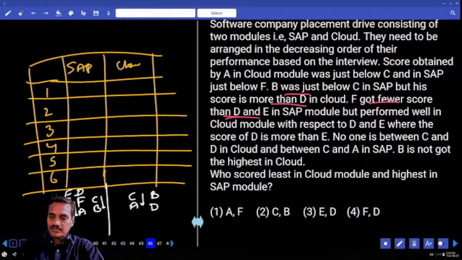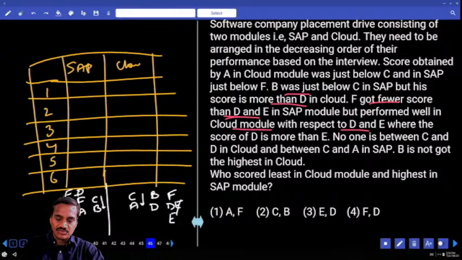F scored fewer than D and E in SAP, but performed well in cloud with respect to D and E. Now F has scored more than D and E in cloud. Here the score of D is more than E.